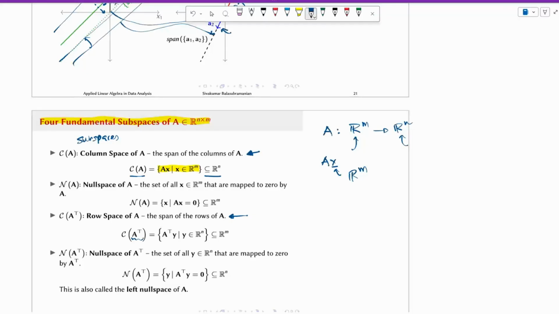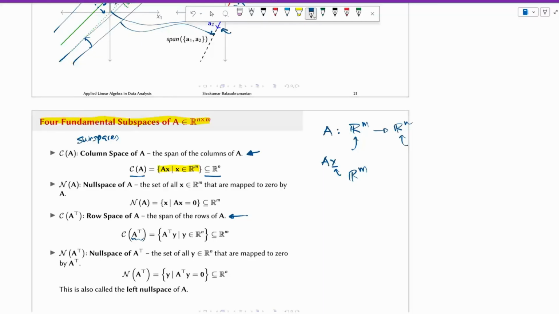So it's equivalent to saying the column space of A transpose is essentially the row space, right? Because the rows became the columns, the row space is essentially then C of A transpose. And again, the definition is the set of all elements of the form A transpose Y.